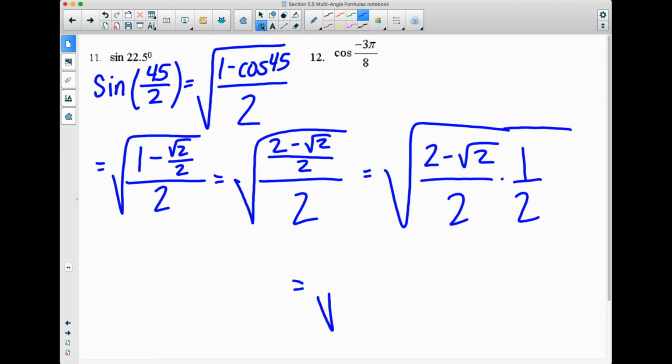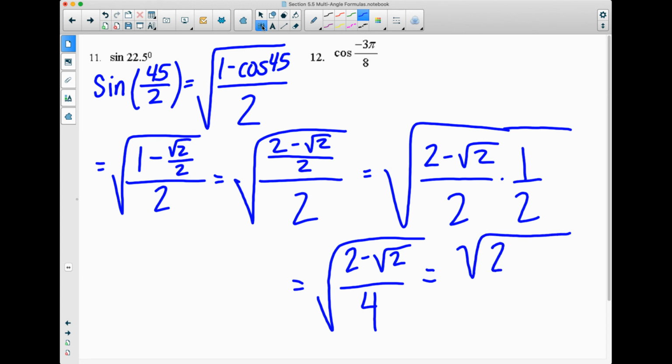Thankfully, that gives me 2 minus root 2 over 4. Because then I don't have to rationalize the denominator. Because there will be some that you will have to. Because the square root of 4 is just 2. And yes, you can have a radical inside of a radical.